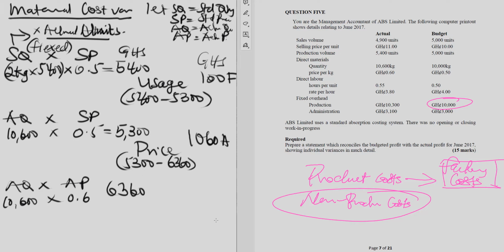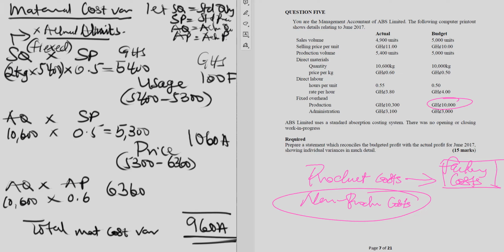So I've got the two variances, and now I need my total material cost variance. It's not necessary here, but since you already have it, you have this being adverse, this being favorable. So if I add 100 to this, I have 960 adverse.